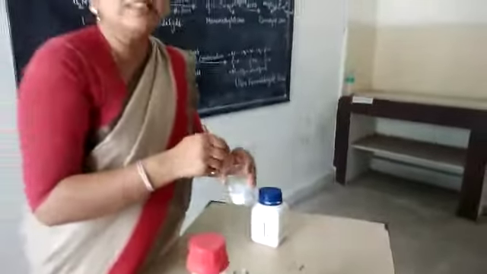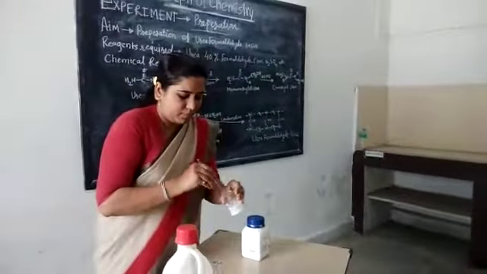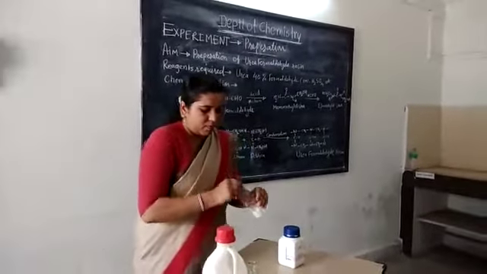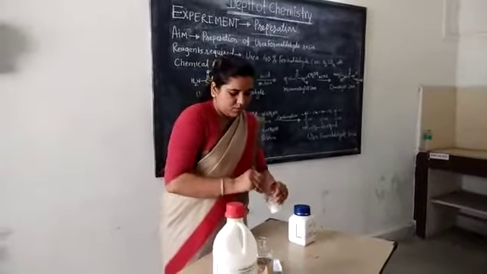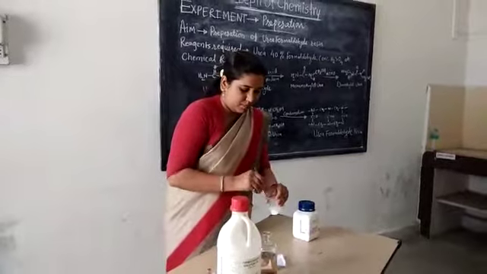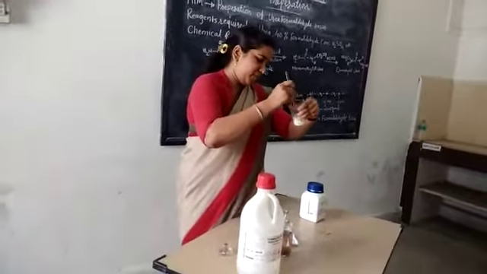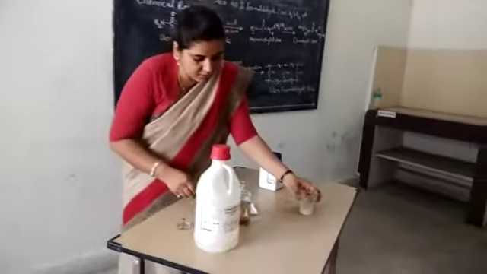And now we have to take its weight. After some time, here is the prepared urea formaldehyde resin. We have seen its reaction as well as how this product is formed.